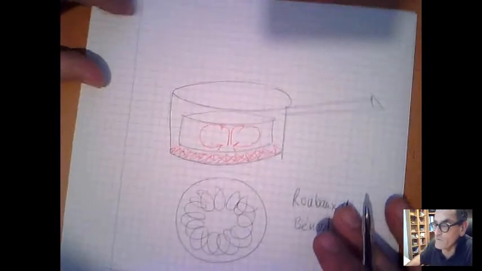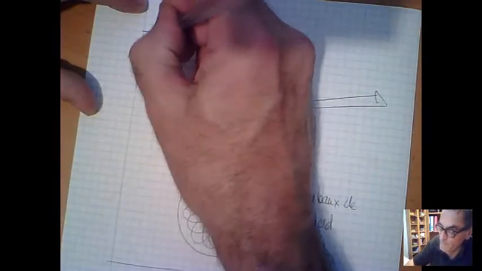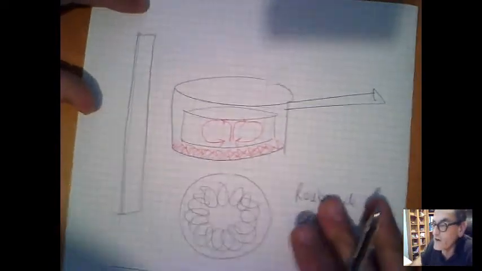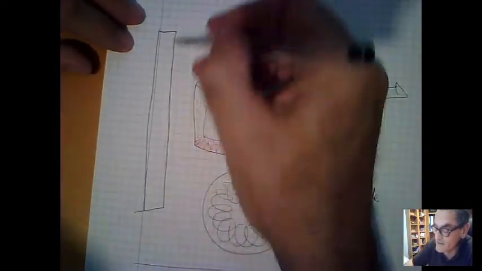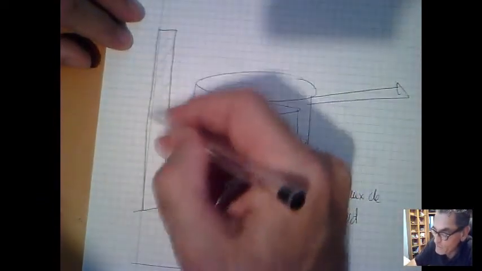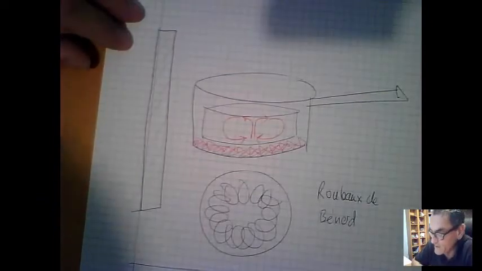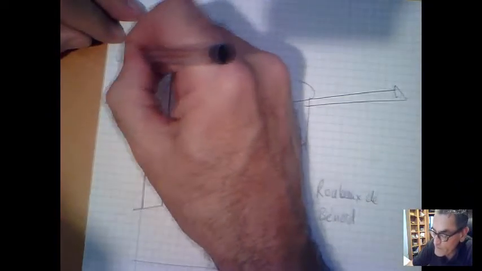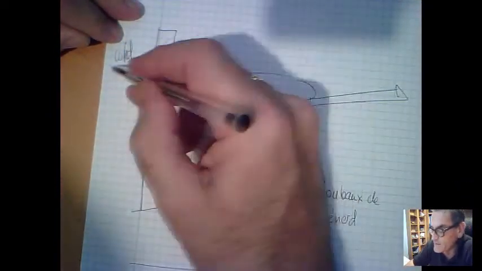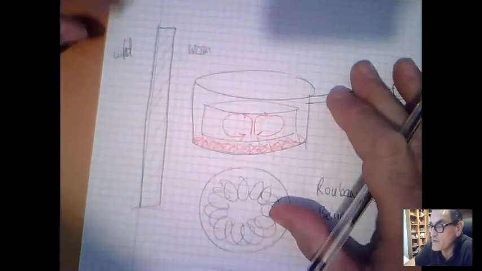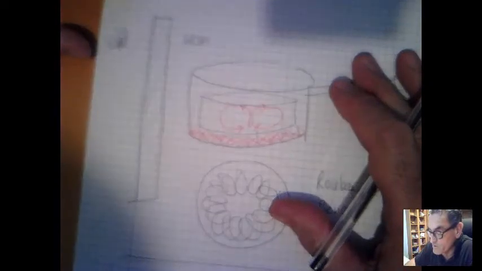Let's assume you have a window, and the window is a nice window. It's insulated. It has two layers of glass, and in between them there is air. Well, what happens if the glass which is outside is cold, and the glass which is inside is warm? What's going to happen?